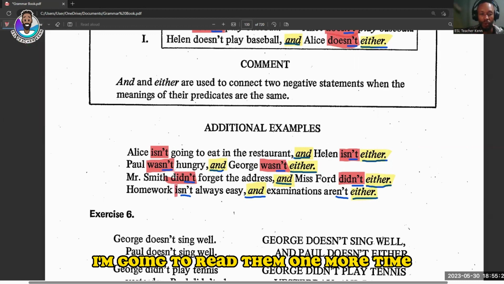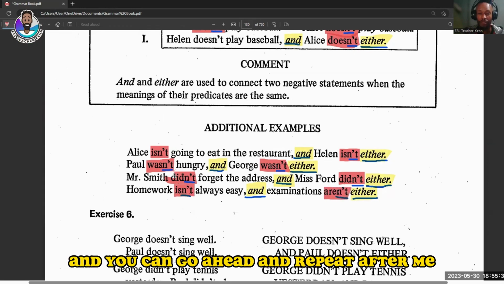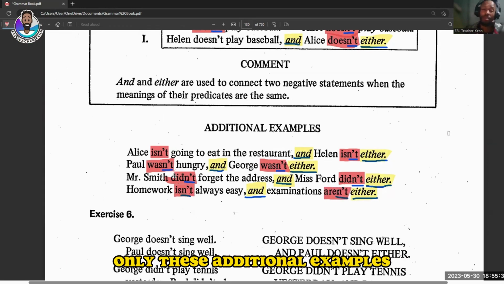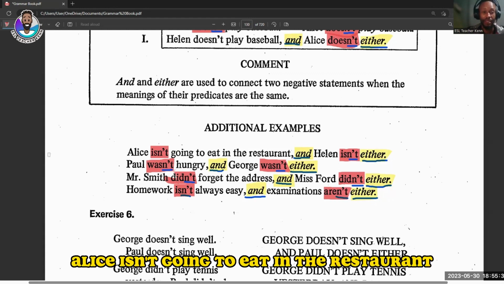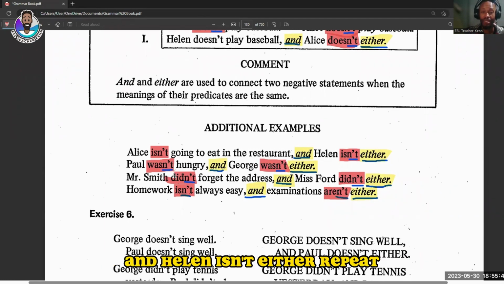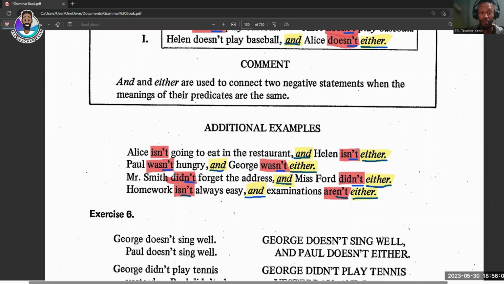I'm going to read them one more time. I will read them completely, and you can go ahead and repeat after me. I will give you some time, okay? Only these additional examples. Alice isn't going to eat in the restaurant, and Helen isn't either. Paul wasn't hungry, and George wasn't either.